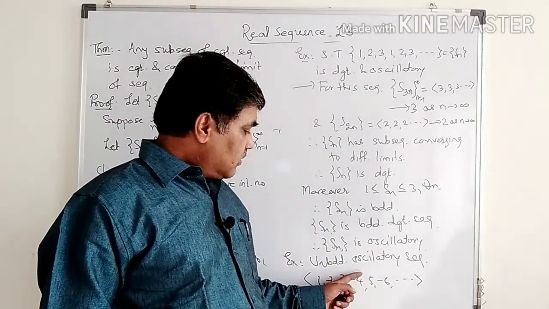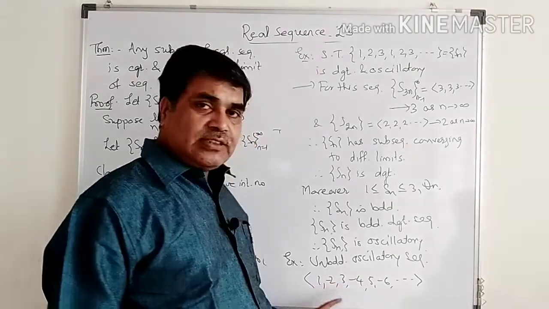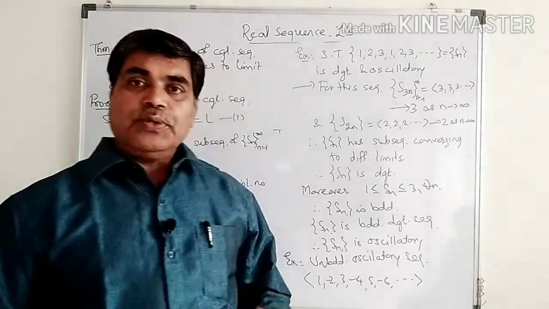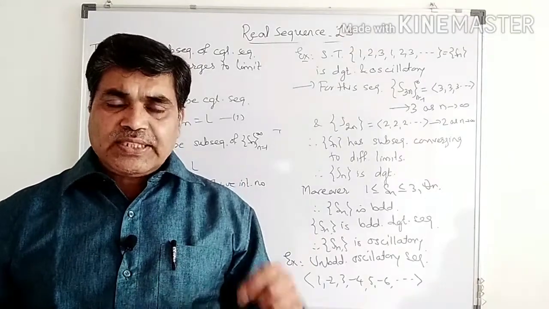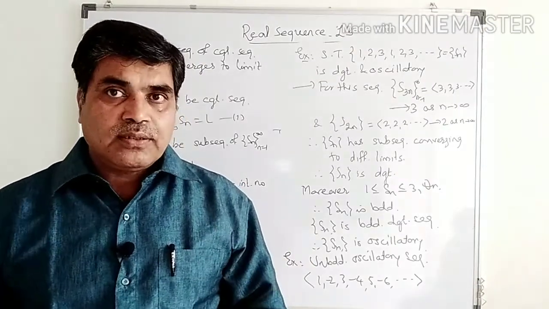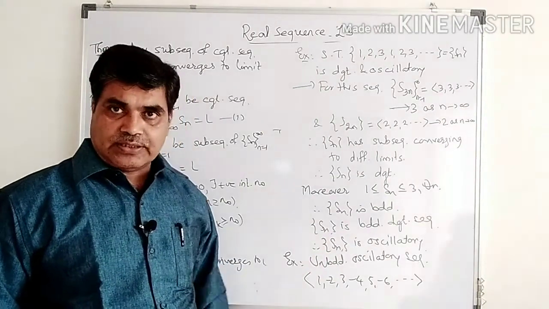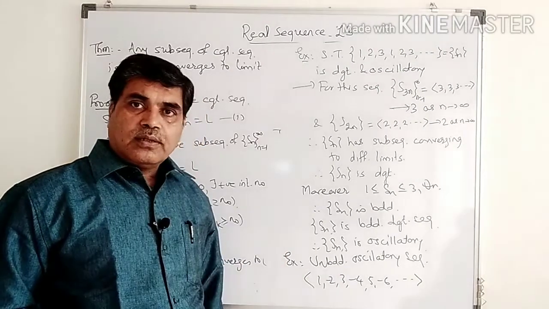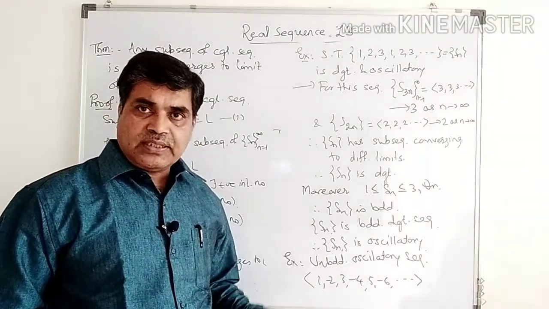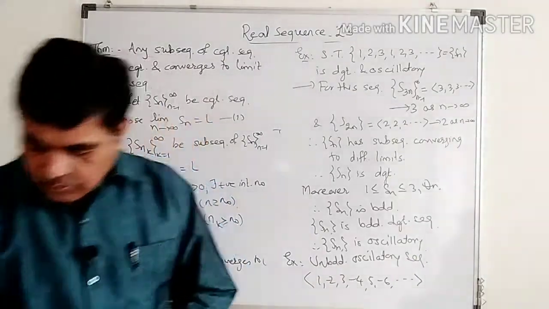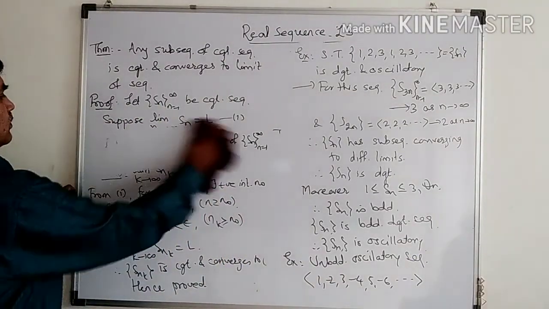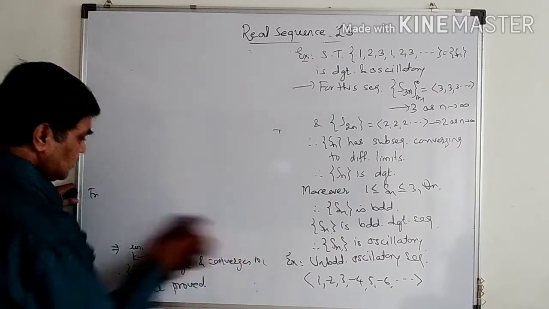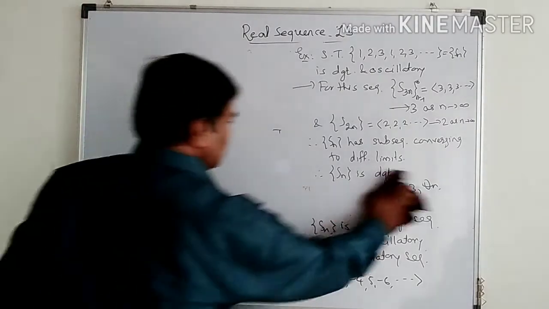And it has a subsequence, say S2n minus 1, which diverges to infinity. So the given sequence has a subsequence which is not convergent, therefore this sequence must be divergent, and it is oscillatory. It cannot go to plus infinity, it can't go to minus infinity. So it proved any subsequence of a convergent sequence is convergent and it converges to the same limit.